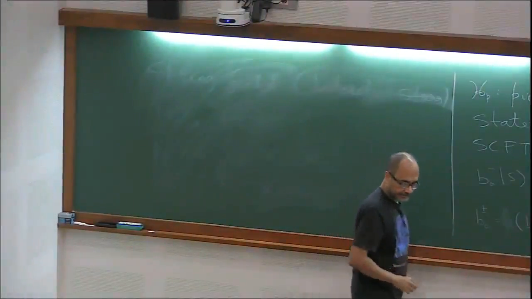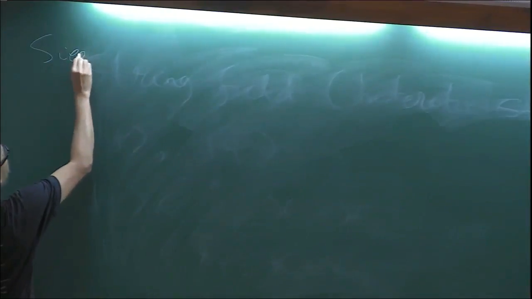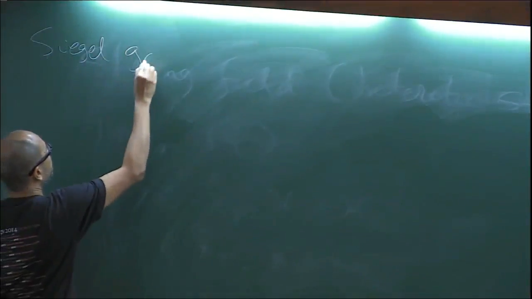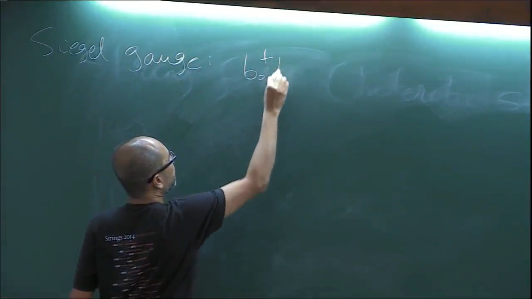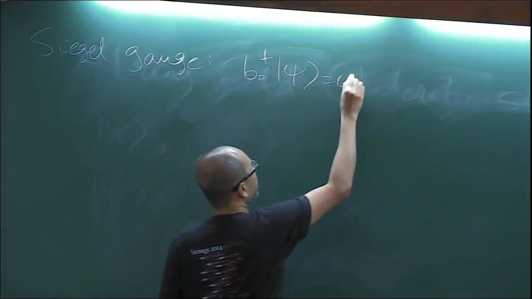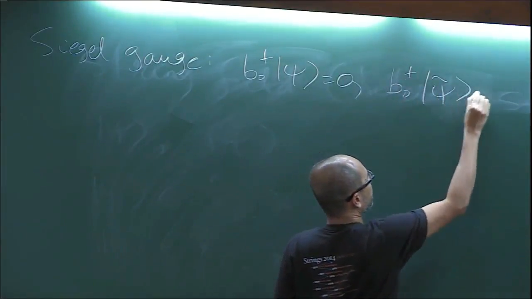There is one more point perhaps I have to mention, which is that we can gauge fix that action using Siegel gauge. Which is simply that B naught plus psi equal to 0, B naught plus psi tilde equal to 0.